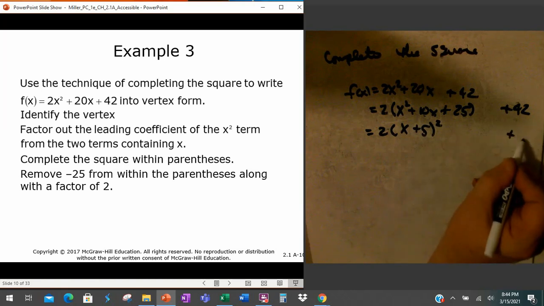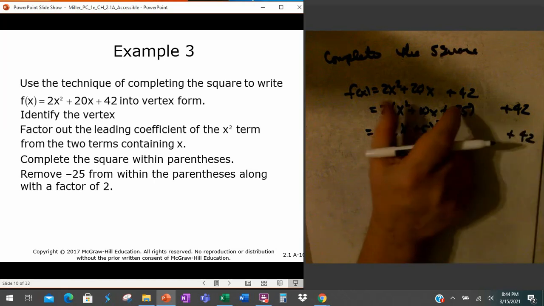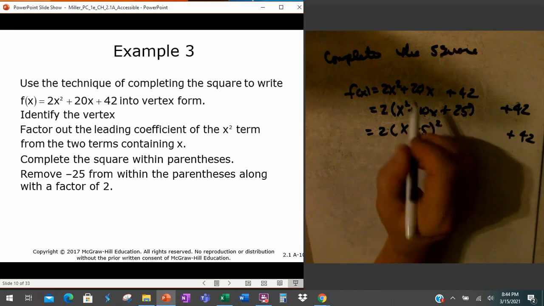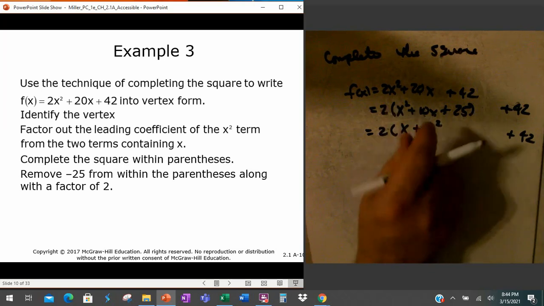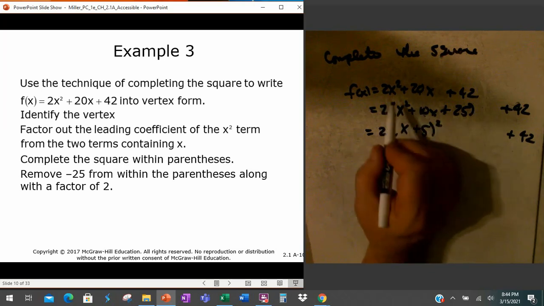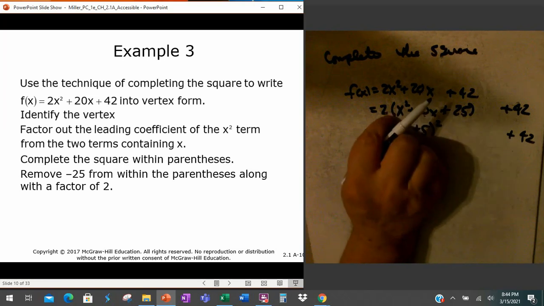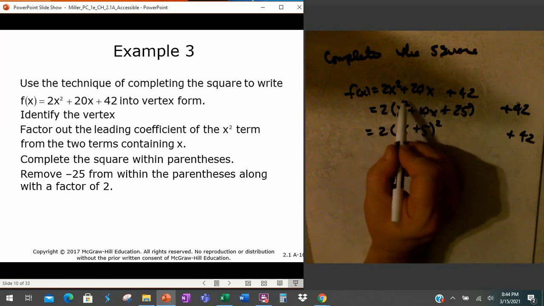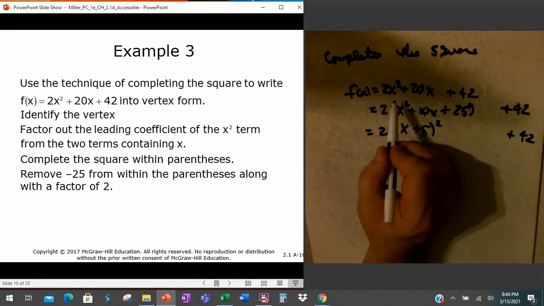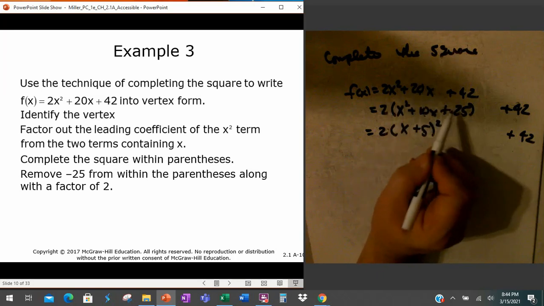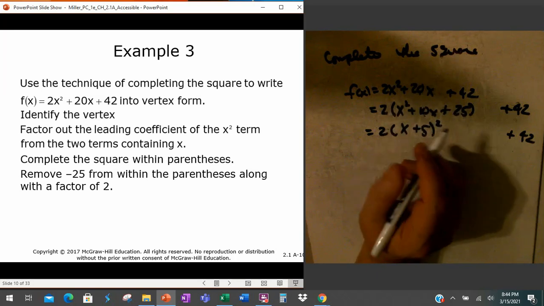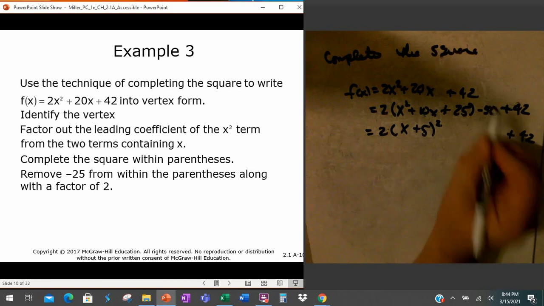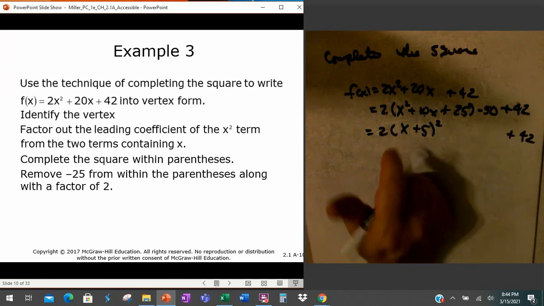But now I just can't arbitrarily stick in numbers where I need them. Bad. So what I've got to do is sit back for a second. In this case, since the leading coefficient is not 1, if I distribute the 2 across, I really added in a 50, 2 times 25. So I want to do the opposite of what I did.